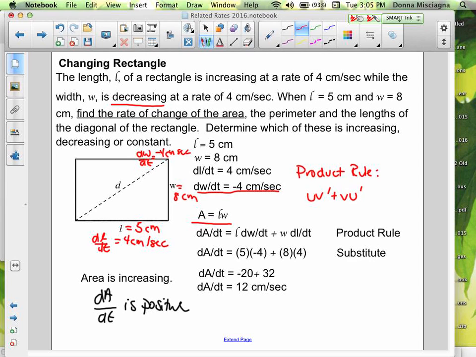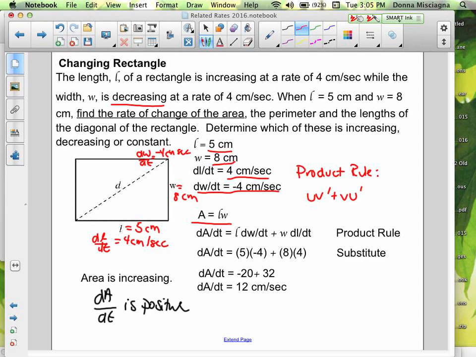And so now all we have to do is plug in the values. So remember, we take the derivative first, and then we plug in the values. So L is 5, and dW/dt is negative 4, plus W is 8, and dL/dt is 4. And so that's going to give us 5 times negative 4 being negative 20, plus 32 is 12 centimeters per second.